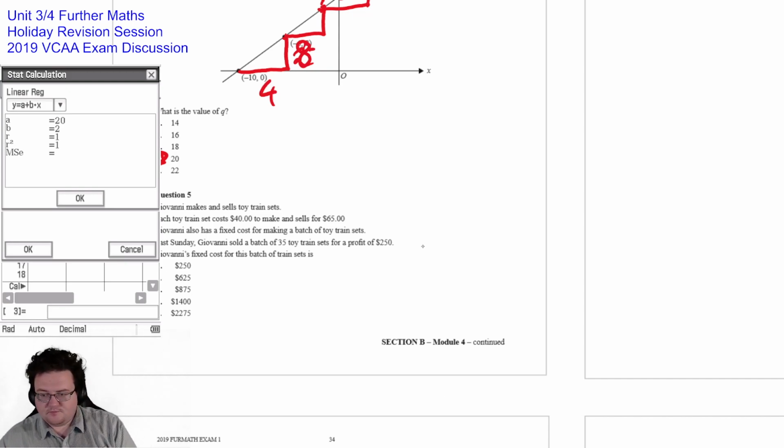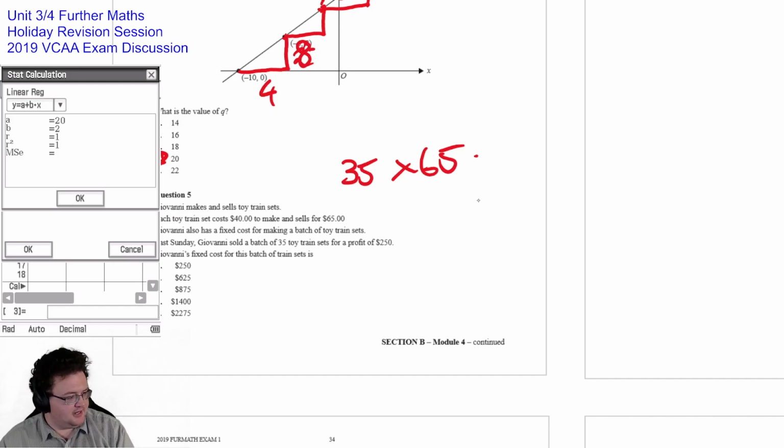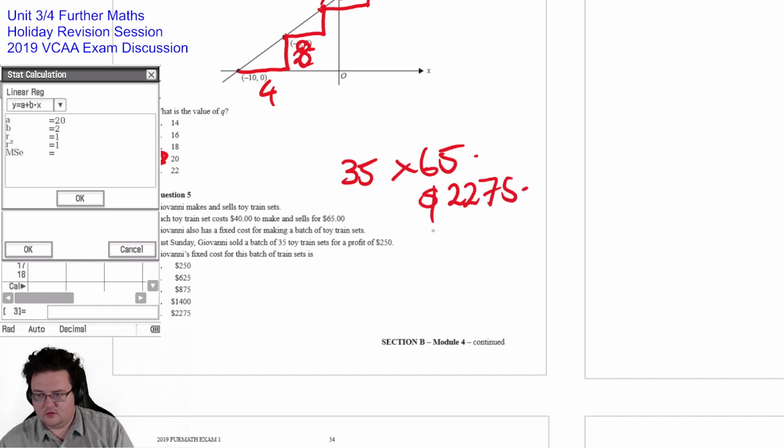So, if he sold 35 times 65, how much money did he make? Well, he sold $2,275 worth of stuff.